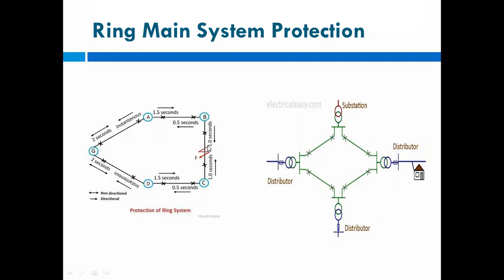And when you are using the ring main system protection, two feeders are giving supply to one point. So if any fault occurs here, the power will be supplied by the other feeder here. So take this diagram also.